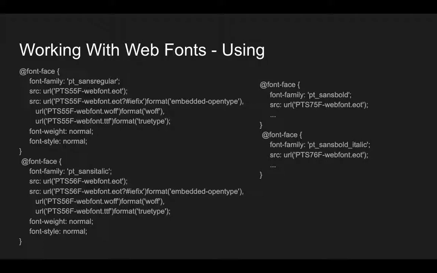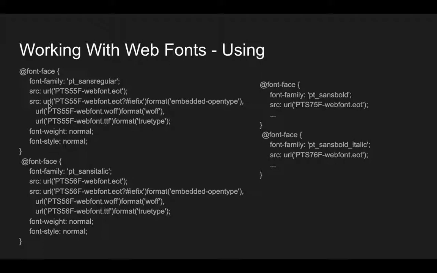Remember, path is everything. Then you have some other things here like the format: embedded OpenType, the format is WOFF, the format is TrueType. And again, make sure you pay attention to things like your commas. So here we have src, colon, url, parenthesis.